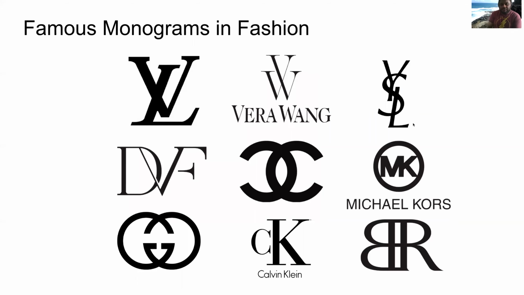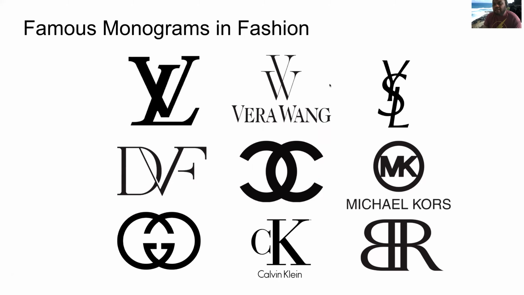Now, for you guys, these are some of the famous monograms that you're probably used to, and these are all monograms based on fashion. Obviously, Calvin Klein, CK, which was more famous in the late 90s, early 2000s. Obviously, there's Gucci, who's been famous for a long time and continues. Louis Vuitton, who's always been famous, but I think lately, because of certain music, it's become famous again.